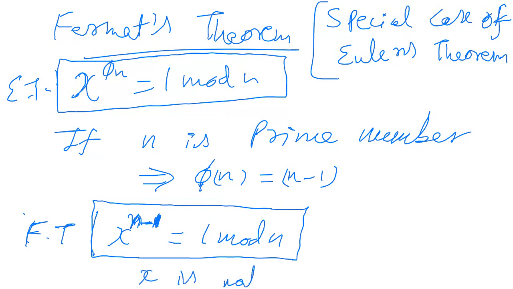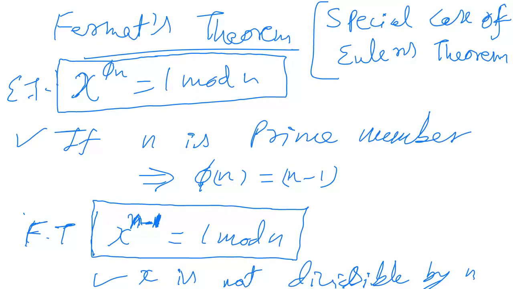Clear? So Fermat's theorem says that, as in the case of Euler's theorem, we know that x is not divisible by n, but that condition remains as it is, and an additional condition is there.